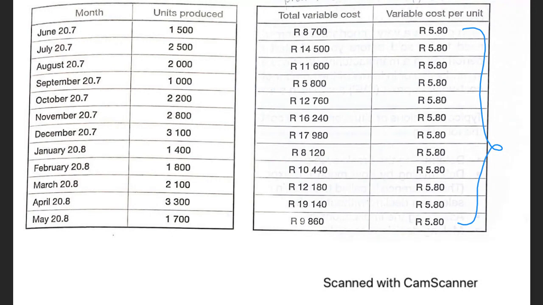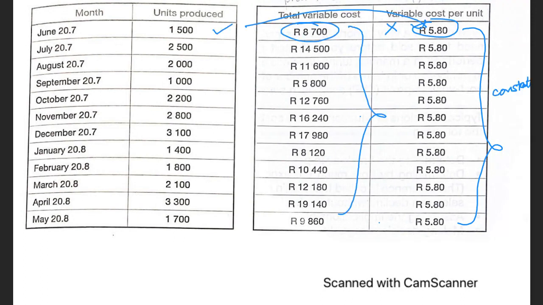So constant, that will remain the same. These will change because of your level of production. Where you went, for instance, from 1,500 units being produced, where it's 1,500 times the 5.80, that gave you a cost of 8,700.